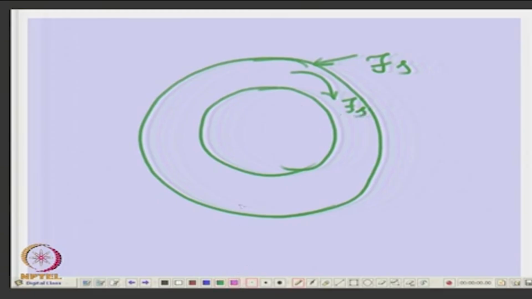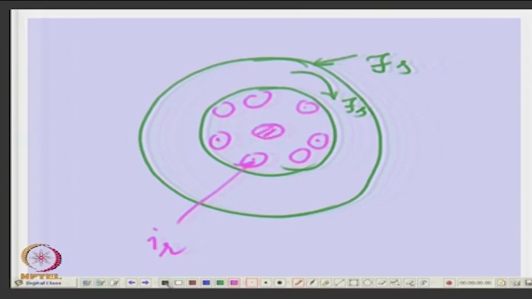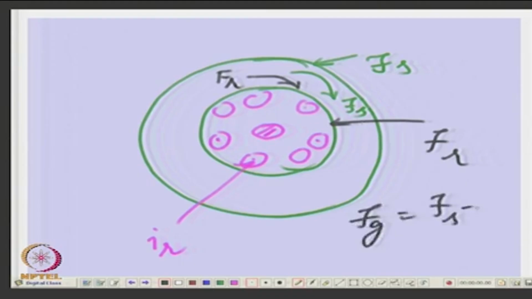There are conductors here, so it will induce some currents in them. These rotor currents will be induced in the bars of the squirrel cage. Then it will create an Fr here. The rotor gets magnetized. So, you have Fg, which will be Fs minus Fr, that will be the MMF here.